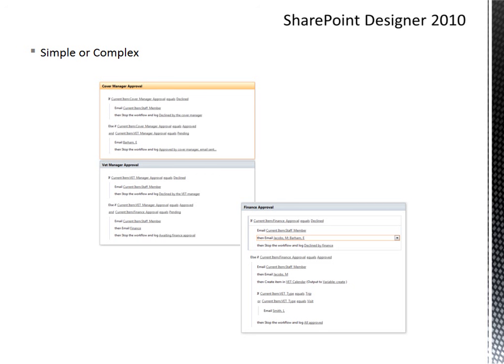You can also obviously log steps. So as you can see here, it's got to this point of the workflow, and it then logs into the task items of SharePoint what point the workflow has got to. So if there's any problem, you can go back and see how far the workflow got before any problems hit.